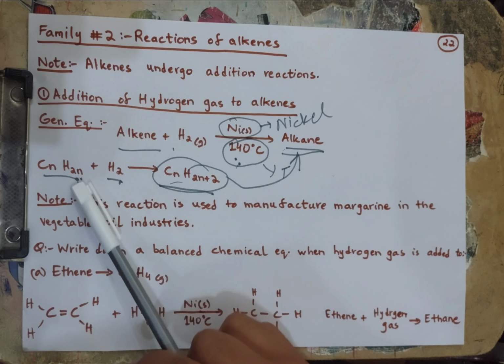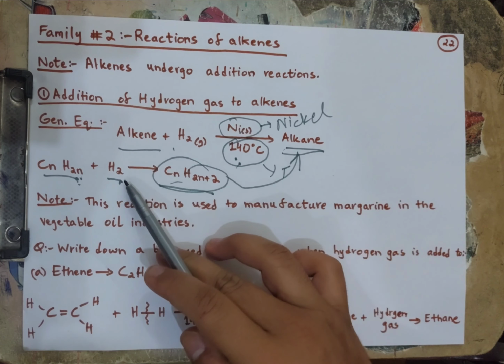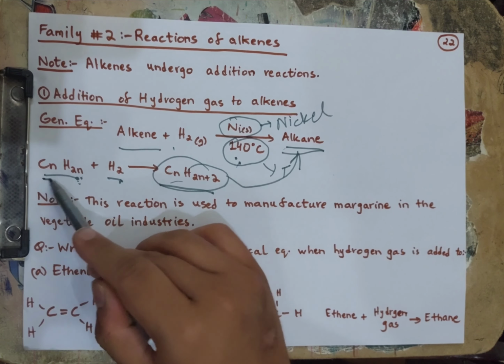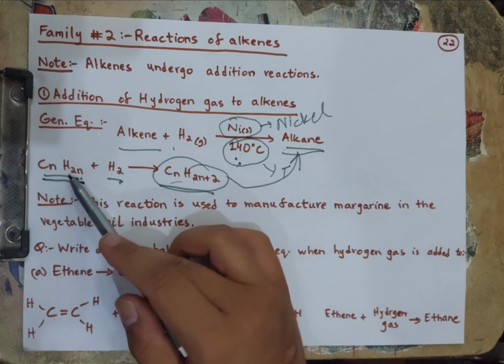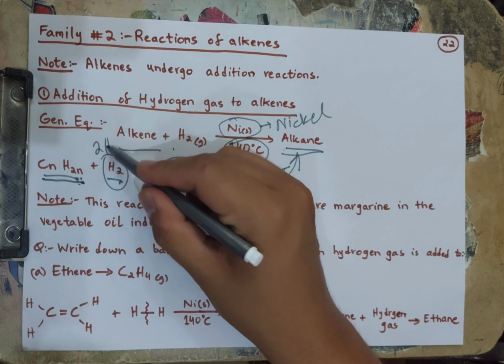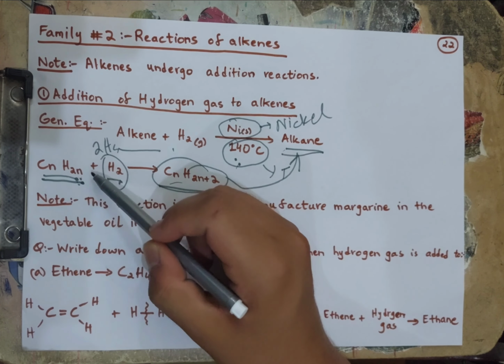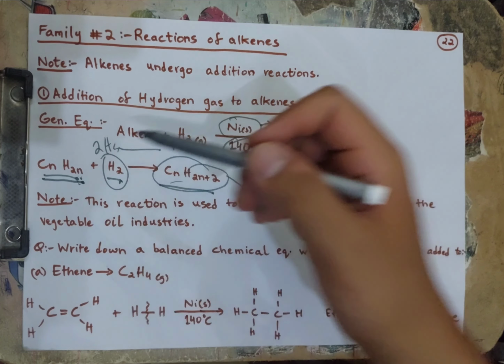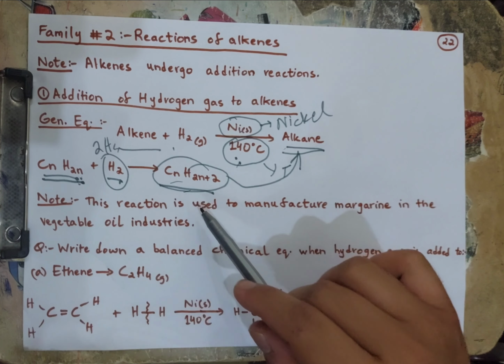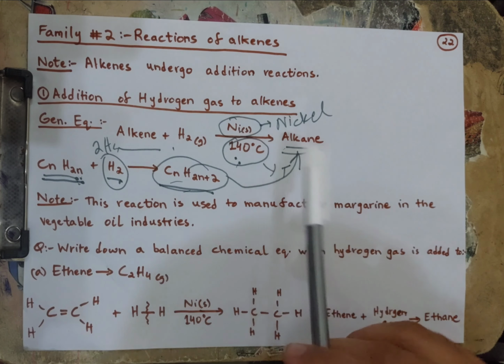Alkene is CnH2n, this is its general formula, and when H2 is added to this general formula, two H's are added, so it will make CnH2n+2, so it will form alkane.